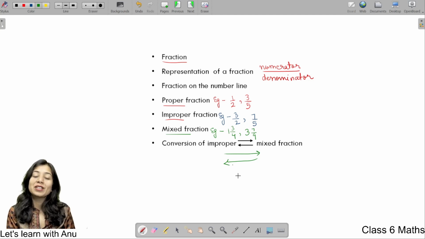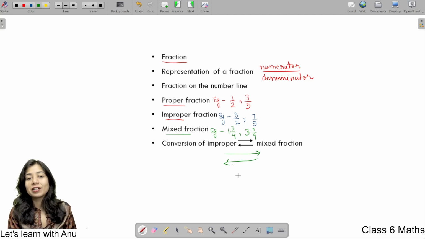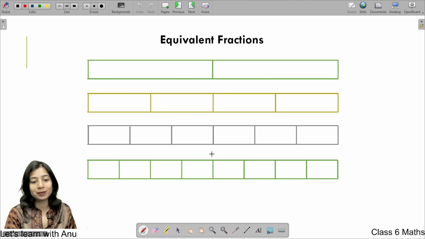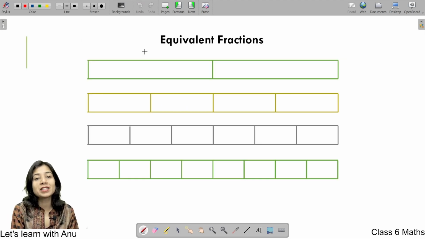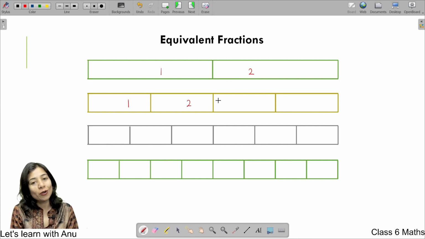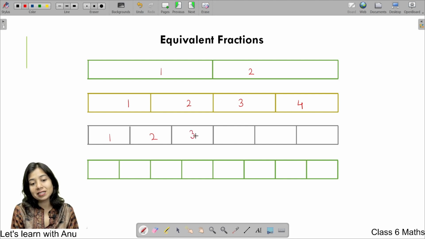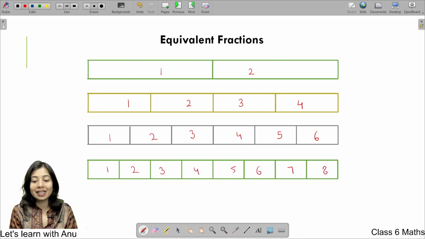Now moving ahead to today's topic of equivalent fractions. Let's learn equivalent fractions using fraction strips. The first strip is divided into 2 equal parts, then the next one into 4 equal parts, followed by 6 equal parts, and lastly 8 equal parts. Now let's color them up.